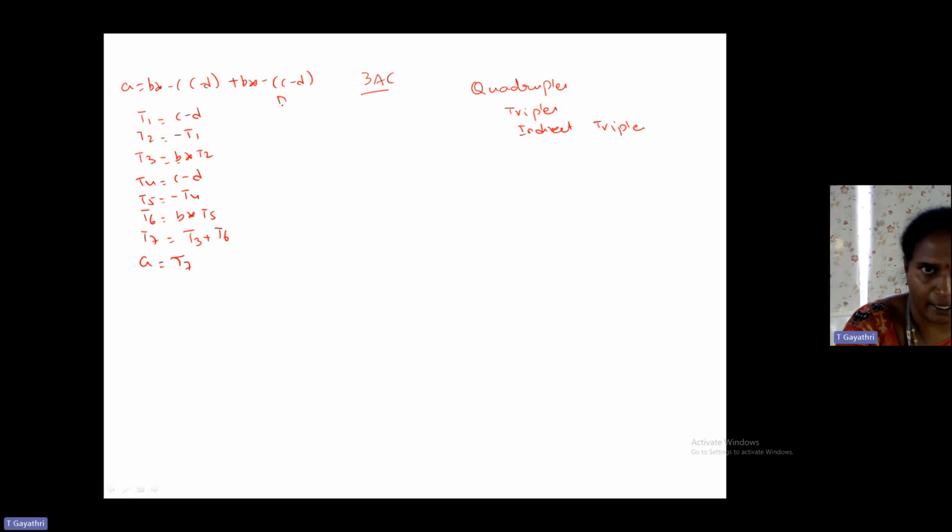We are not applying the DAG here. If you apply the DAG, there is no need to write this repeated part. So T1 equal to C minus D, T2 equal to B into T1.